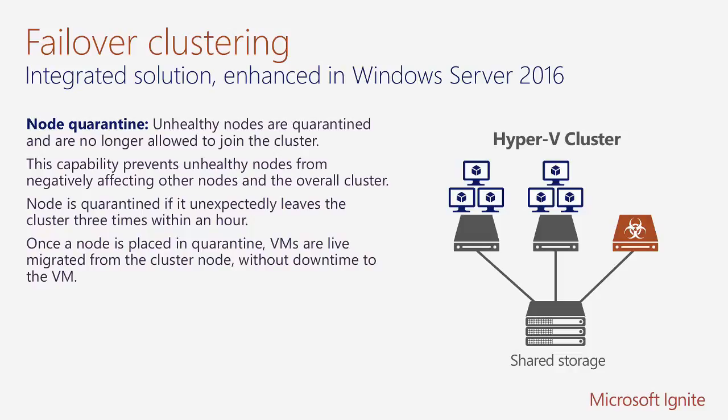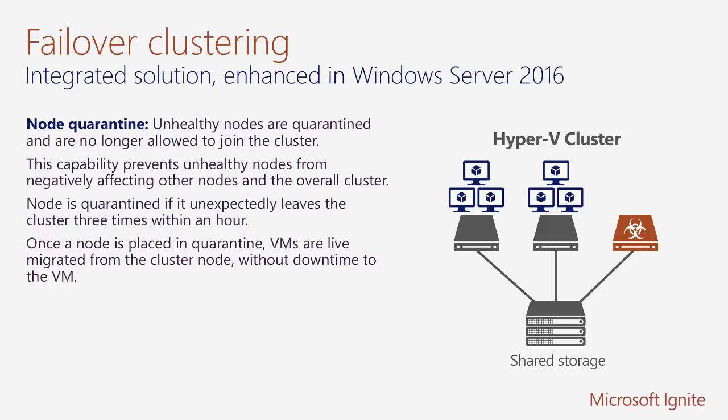Number 1, if the node comes back and it currently has workload on it that's not crashed, we will move the workload off. So if you have, say, a system with a network card that's failing, and it gets into quarantine, but there are virtual machines running on it, when it comes back into the cluster, we will live migrate those virtual machines off automatically.